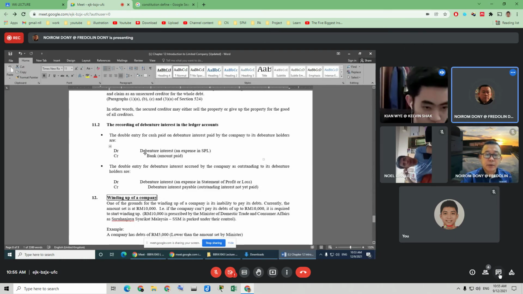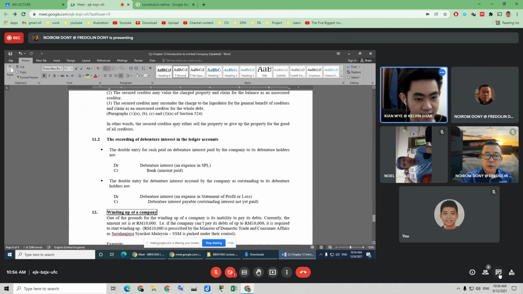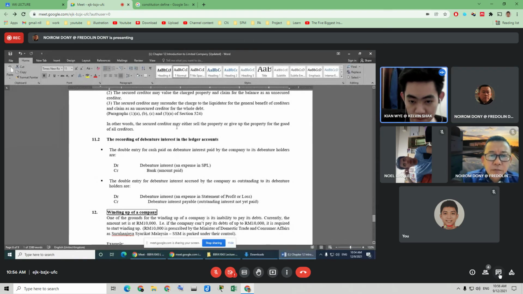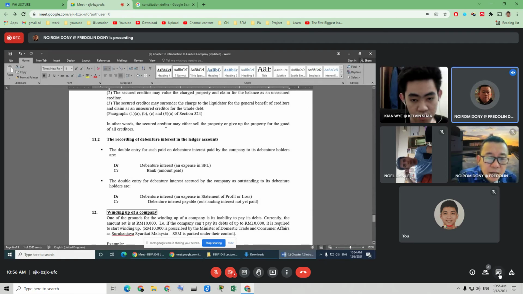So remember, what kind of people can be secured creditors? Any individual who has extra money can provide a loan to the company, or even the bank, or even the insurance company.